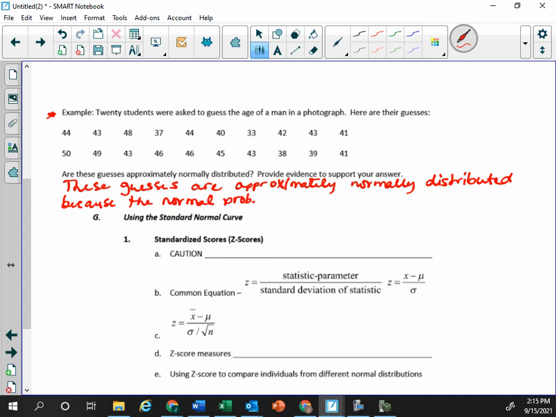Normal probability plot shows a fairly straight line.